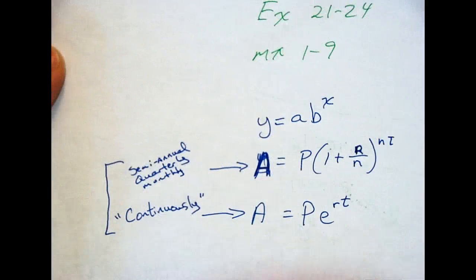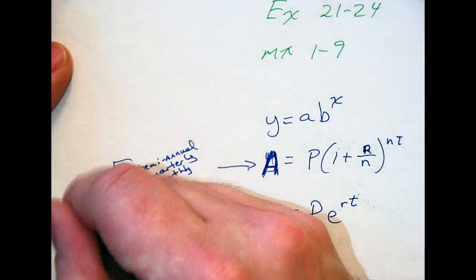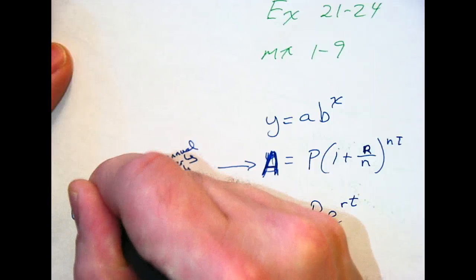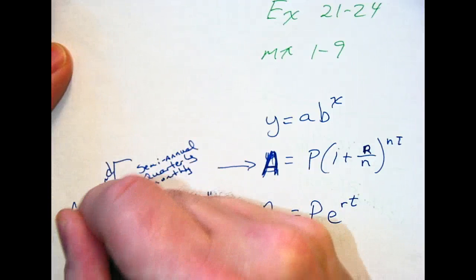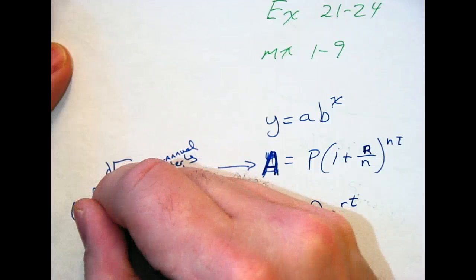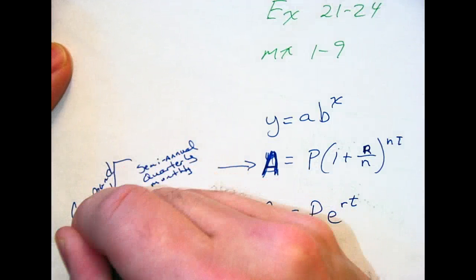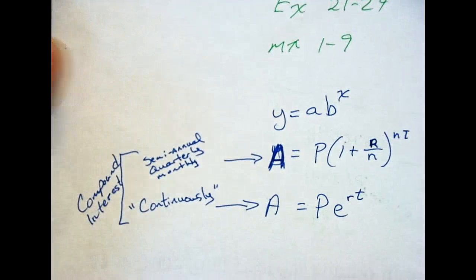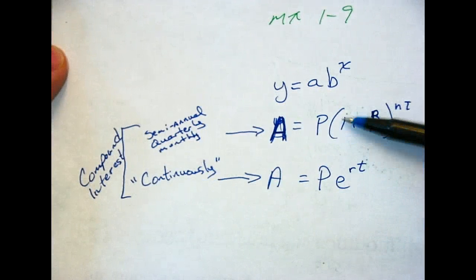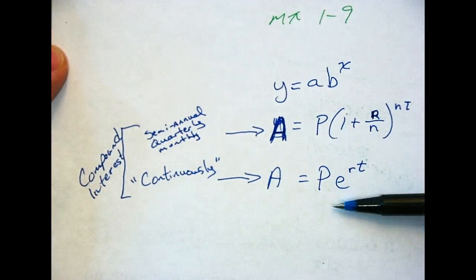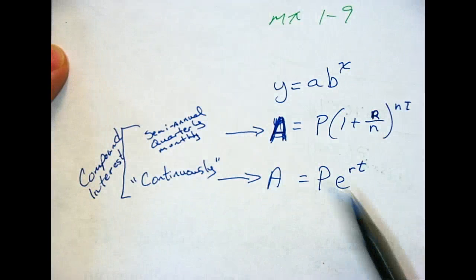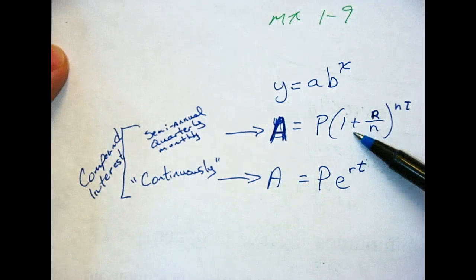Anytime you see the word compound interest or compounding, you've got to ask yourself, okay, it's compound, so it's dropped me into one of these two. Is it continuous? Then it's this one. If it's not continuous, then it's this one.